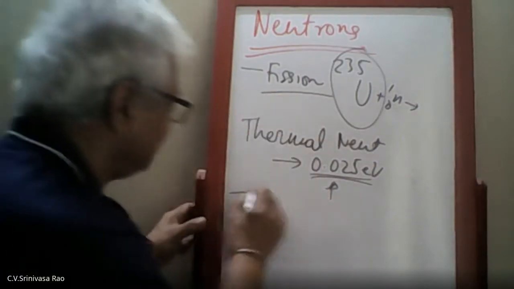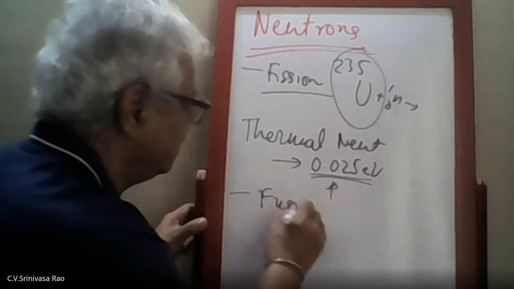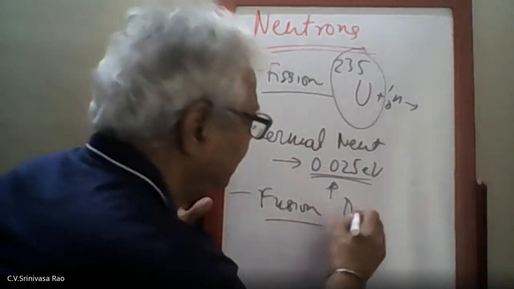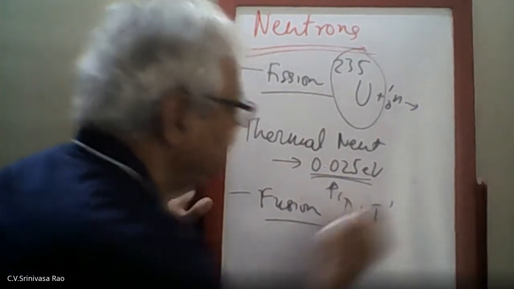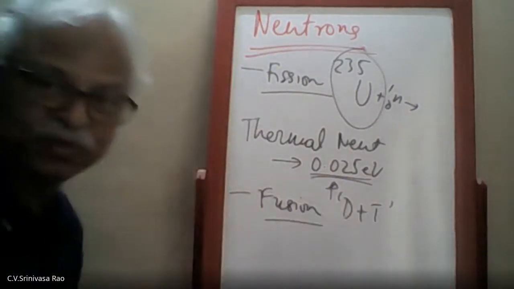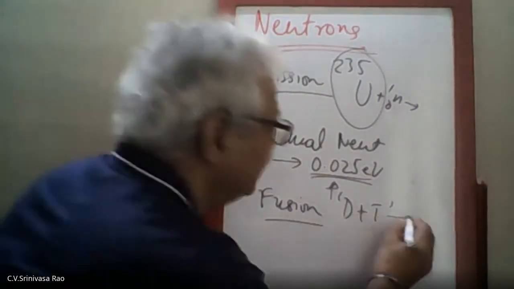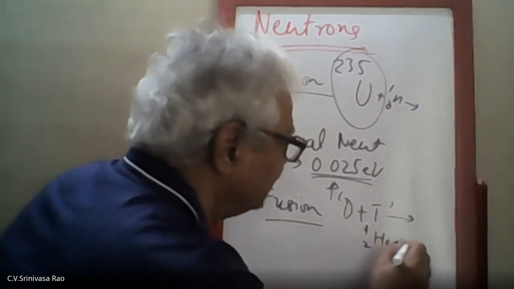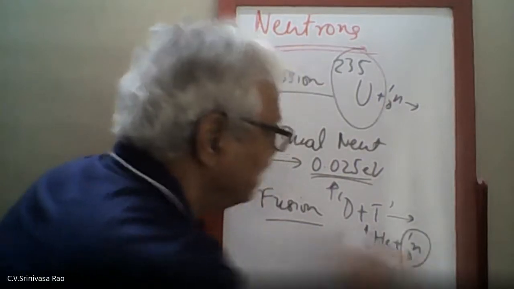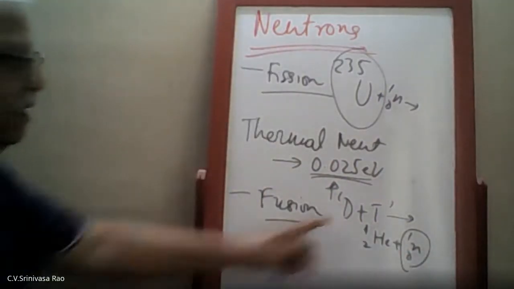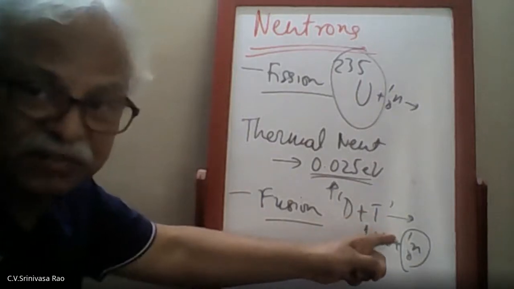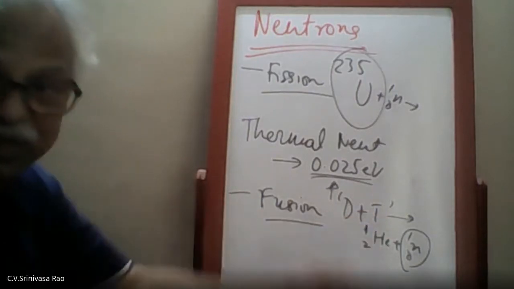And in fusion, what is happening is the fusion reaction is taking place between deuterium and tritium. They are the heavy isotopes of hydrogen. So this leads to alpha particles plus neutrons. Now you'll see that it's an exergic reaction. Look, there's positive energy coming out.